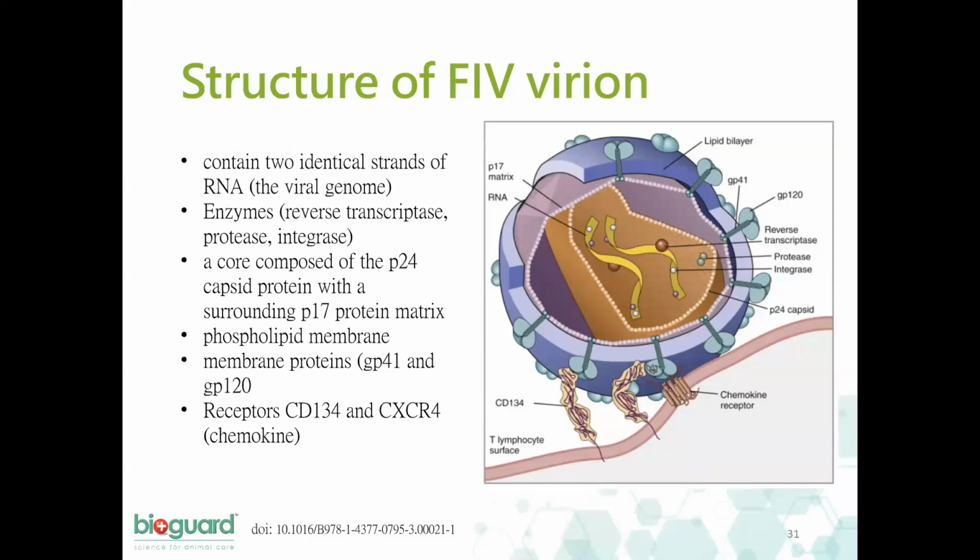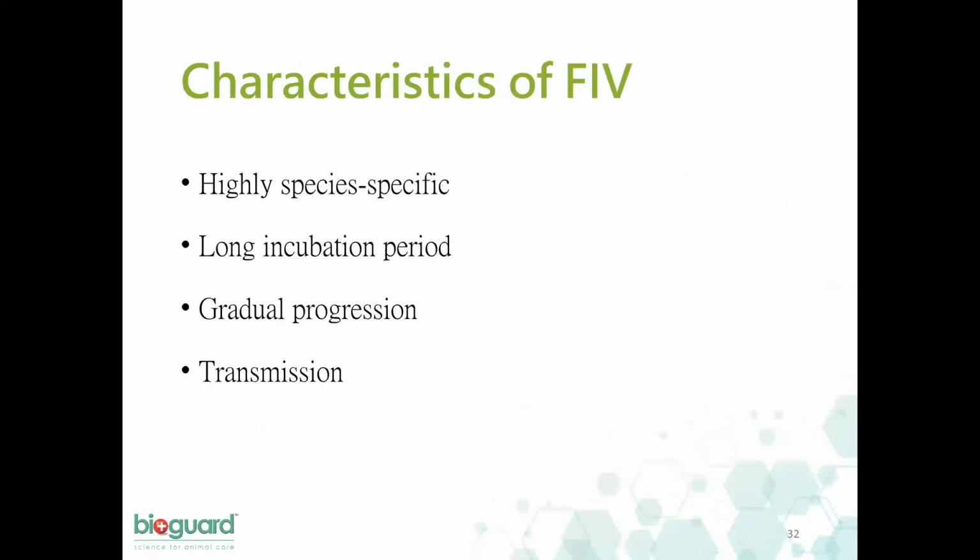Viral encoded membrane proteins, gp41 and gp120, are bound to the envelope. CD134 and CXCR4, the chemokine receptors on the host cell surface, function as the receptors of FIV. The characteristics of FIV: they are highly specific, have a long incubation period, and a gradual progression.